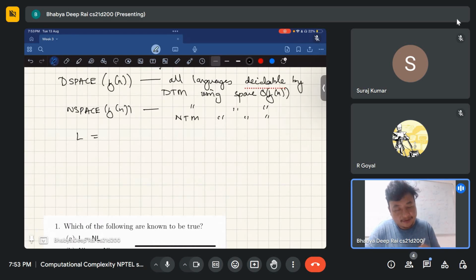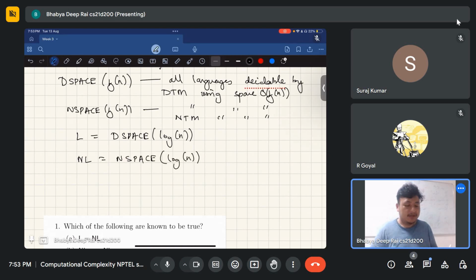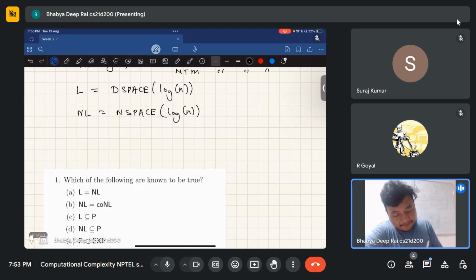L stands for log space, that is DSPACE(log n). In the work tape, it uses order log n space. And NL is NSPACE(log n), a non-deterministic Turing machine using logarithmic space. So this is the recap.